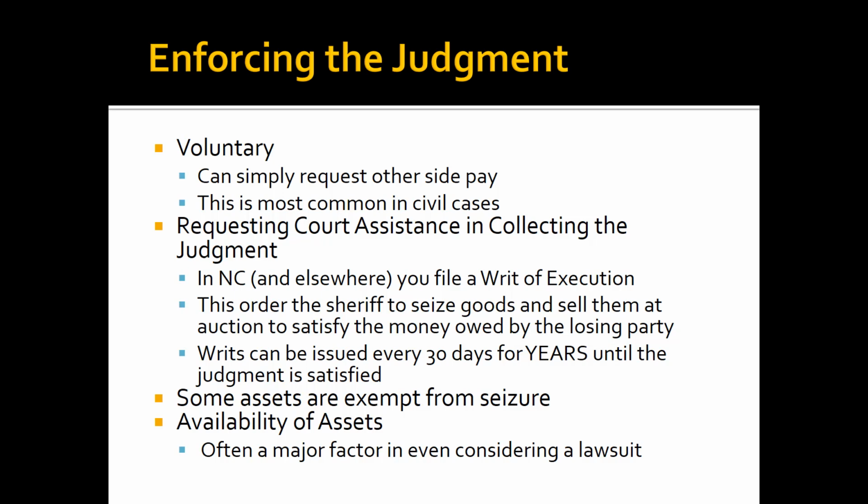You take that, you go over to the sheriff's department again. They send 2 deputies out who seize goods and sell them at the sheriff's auction. And now some assets are exempt, like wheelchairs and things like that, but this is a big thing to consider. If you've got someone that's dirt poor with no assets, he's judgment proof. There's really no sense filing a lawsuit against him.